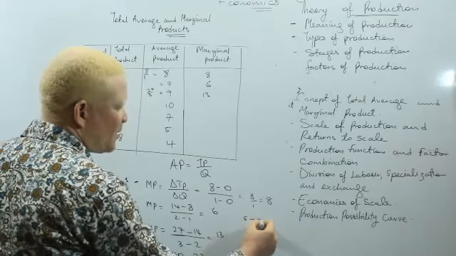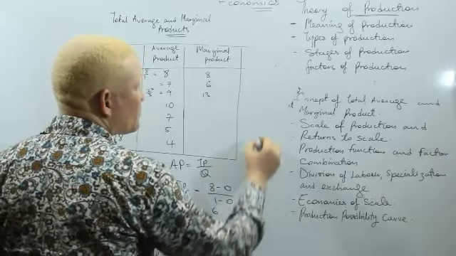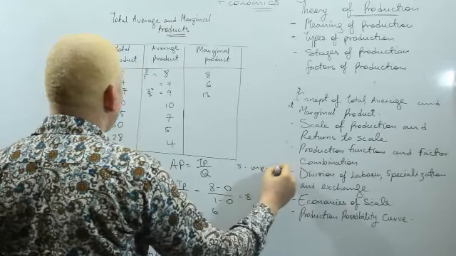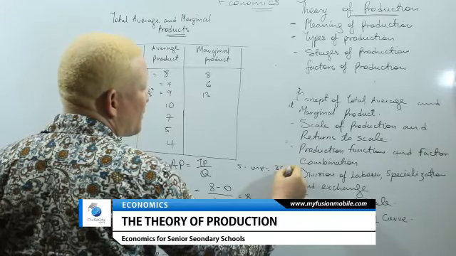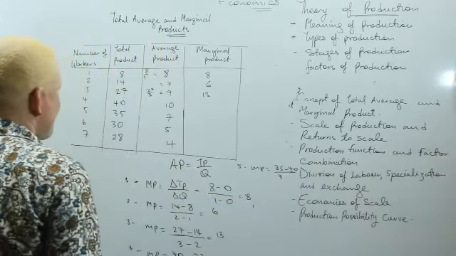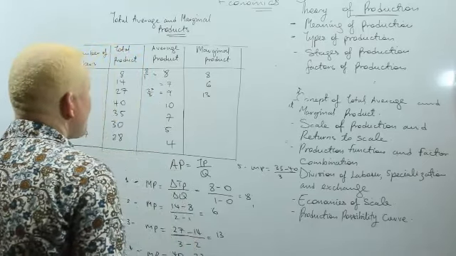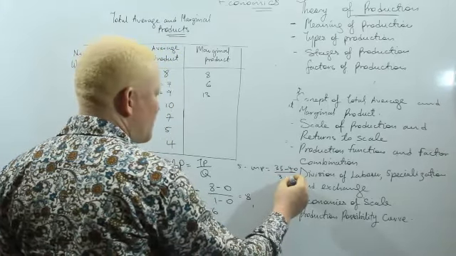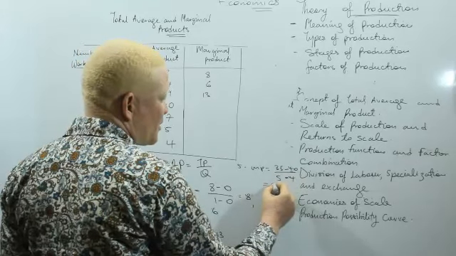At 5, MP equals 35 minus 40, divided by 5 minus 4. 35 minus 40, I have minus 5.